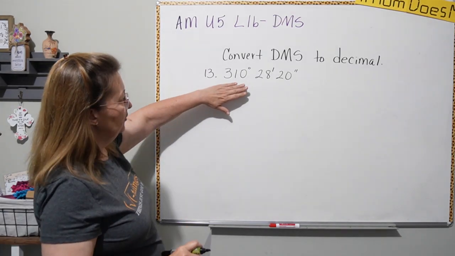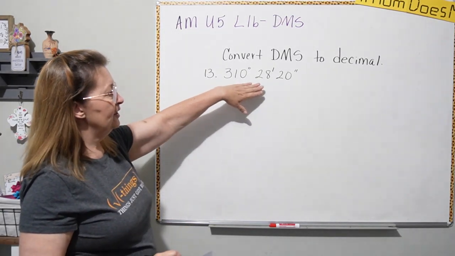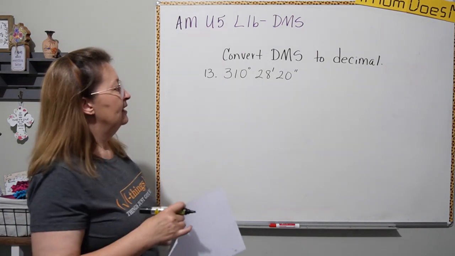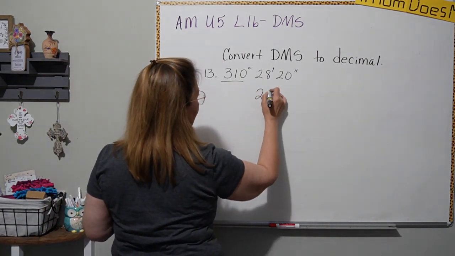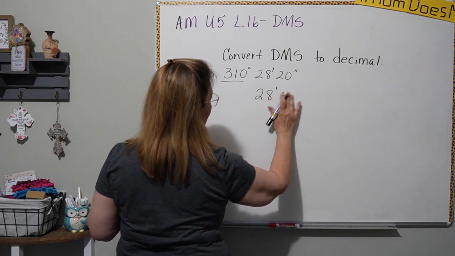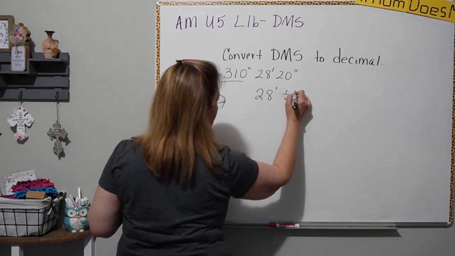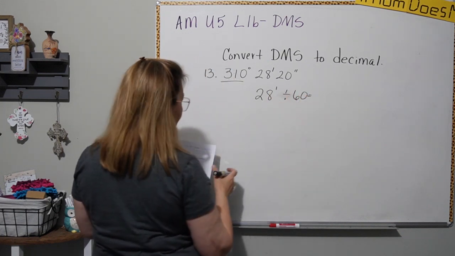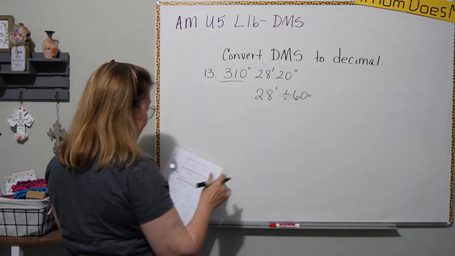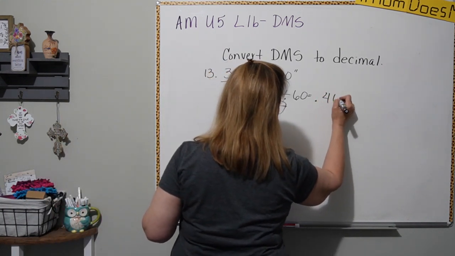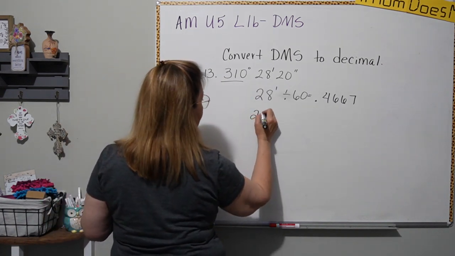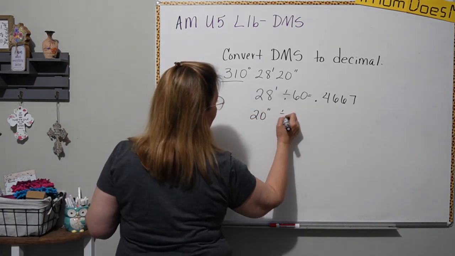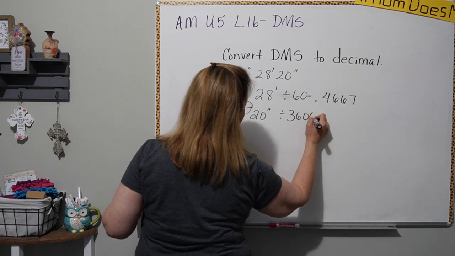Okay, for number 13, we're going to convert 310 degrees, 28 minutes, 20 seconds to decimal. Not touching the 310, but we are going to divide the 28 minutes by 60. And when you divide 28 minutes by 60, that's going to get you 0.4667. All right, we're going to take the 20 seconds and we're going to divide that by 3600.